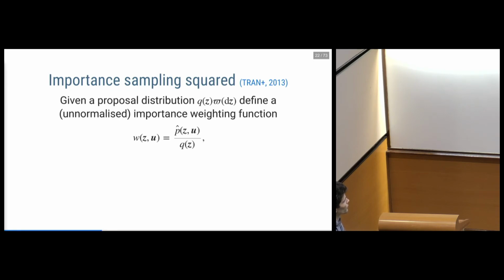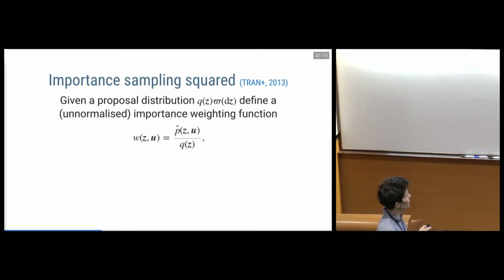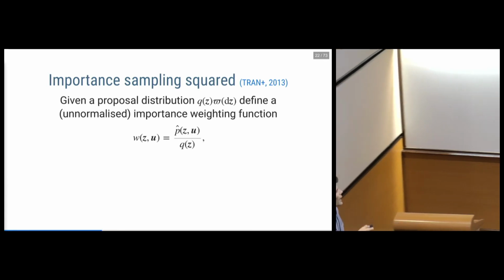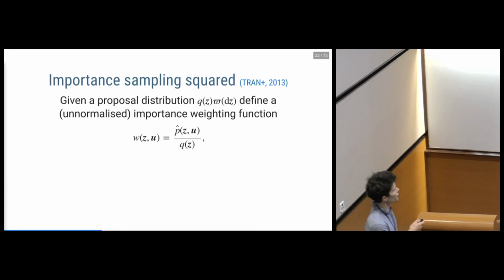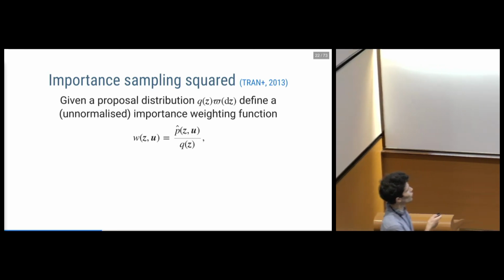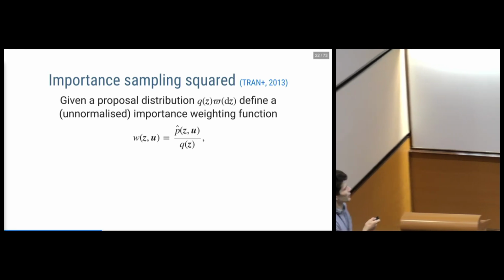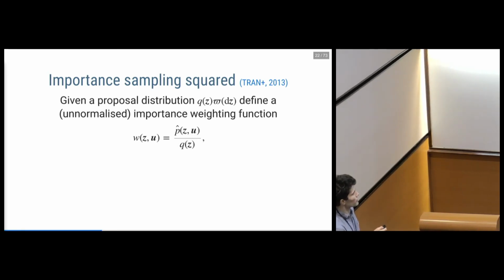So now we define an importance sampling ratio, or weight function, just as the ratio of our importance proposal distribution Q and our density estimate p-hat. This is a function both of the Z's and the U's, but again, all we need to be able to do is evaluate the actual density estimates. We don't need any particular knowledge of the U variables.